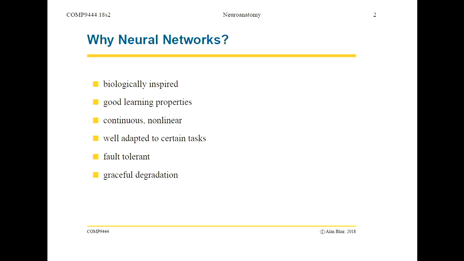Well, it will still perform the task that it was trained for reasonably well, but as you break more and more connections, the performance will decrease gracefully. This is in contrast to a traditional symbolic computer program where if one character is wrong or one instruction is wrong, then the whole thing can collapse.